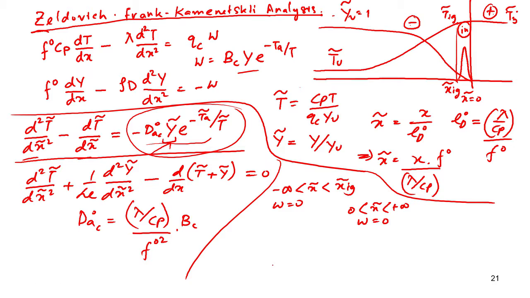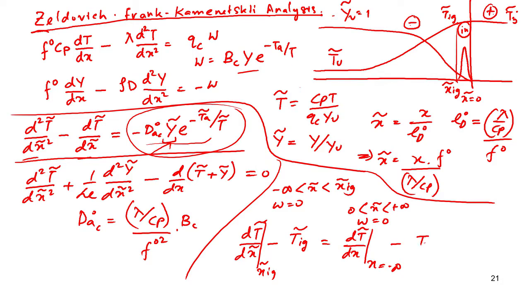What you get is the following. If we just integrate up to this boundary, so we are integrating from x equal to minus infinity, this is of course equal to 0, because at x equal to minus infinity there is no temperature gradient.